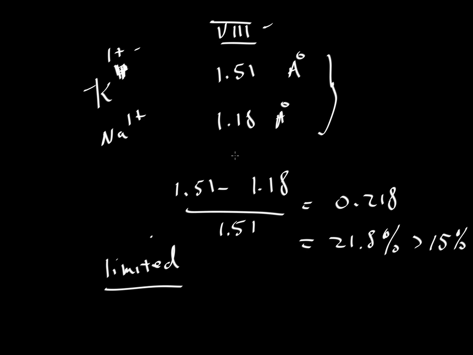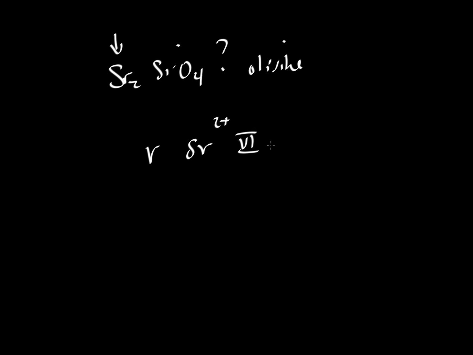Let's look at one more case. Now we asked whether or not we could make a strontium olivine. Could we put strontium in for magnesium and have an olivine that looks something like this? Is this even possible? Well, the radius of strontium, if it is in sixfold coordination and the 2+ state, would be about 1.18 angstroms.